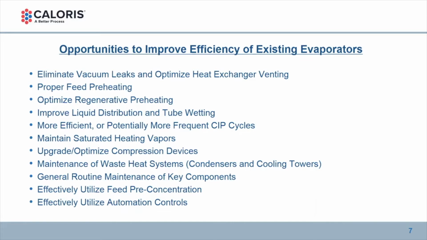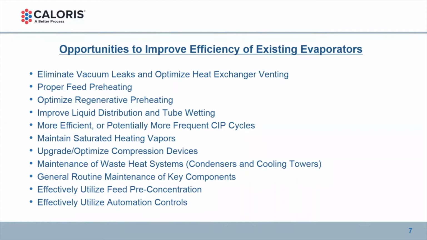I came up with 11 bullet points here, and it didn't even begin to touch the areas of restreaming the evaporator flow paths and retubing an old calandria where you've got some plugged tubes to get the heat transfer area back, or maybe even adding extra surface area, all things we've done. But these 11 things here, each of these we have implemented at Caloris over the last 14 or 15 years at somebody's evaporator to achieve an efficiency improvement.